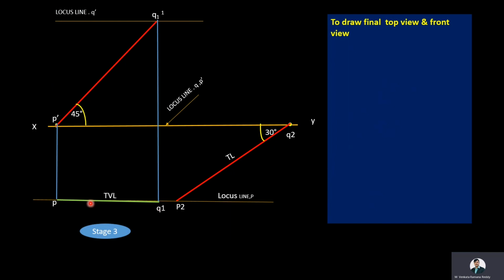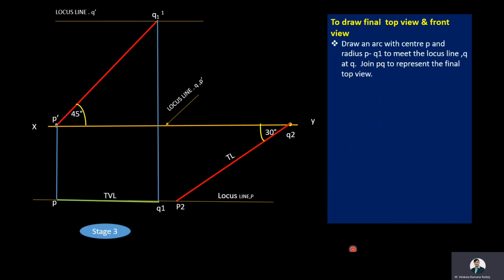Then fix one end of this top view length, say P, and rotate the other end, say Q1, towards this locus line Q. Then name this point as Q. Then join P and Q. This is the final projection of the line in top view.